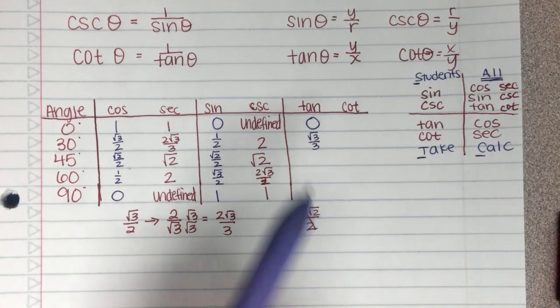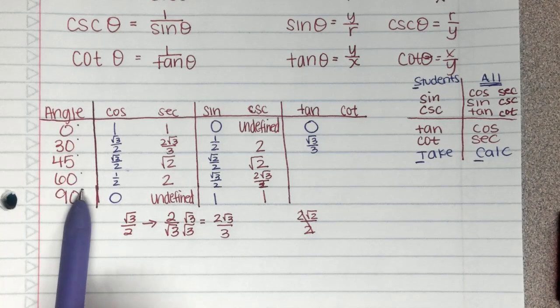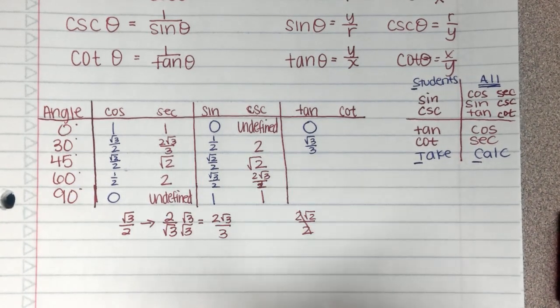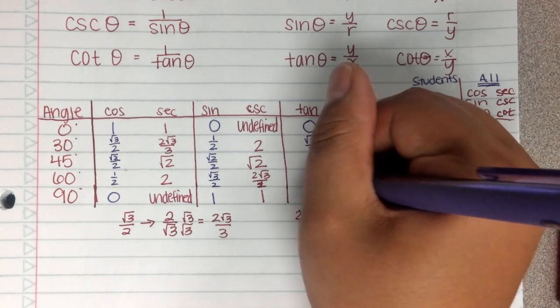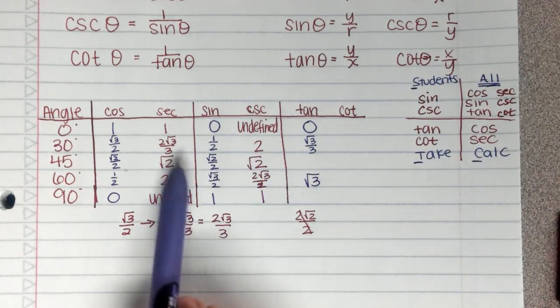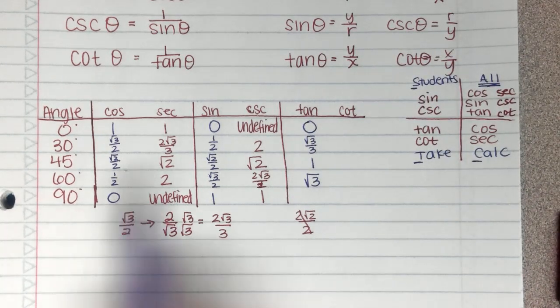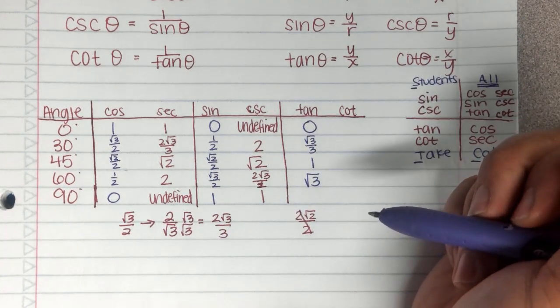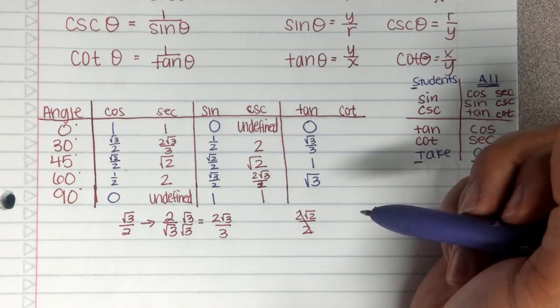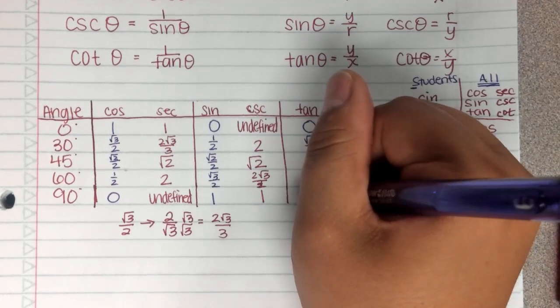The way that I remember this too is, what's smaller, square root of 3 or square root of 3 over 3? And what's smaller, 30 or 60? That's how I remember which one's which. Because 60 is bigger, so that one's square root of 3. What is 45? 1. We like that one. And then 90 degrees, what's the tangent at 90 degrees? Straight up and down, the y-axis. What's the slope, right? Straight up and down. Undefined.